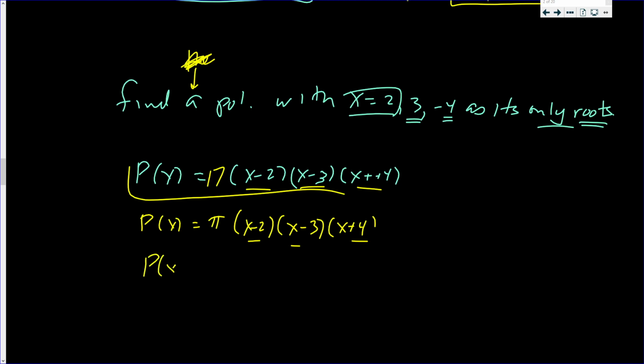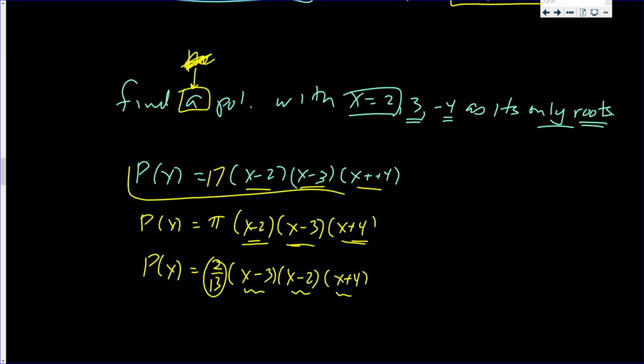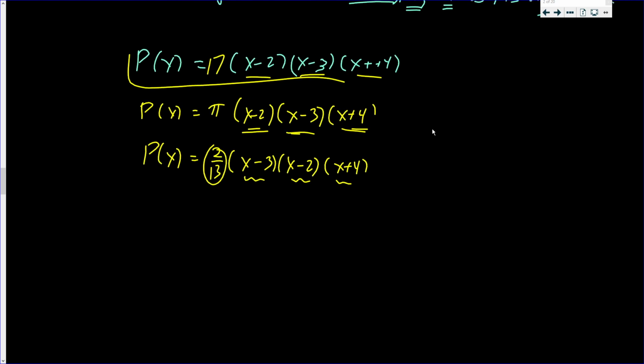Another classmate can write p of x is equal to 2/3 times, let's say 2/13, times x minus 3 times x minus 2 times x plus 4. They switched around the three factors. Okay, you can put any number in front. That is why it says find a polynomial, not the polynomial.